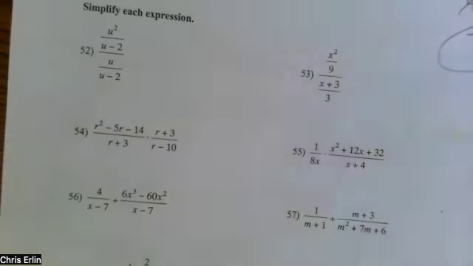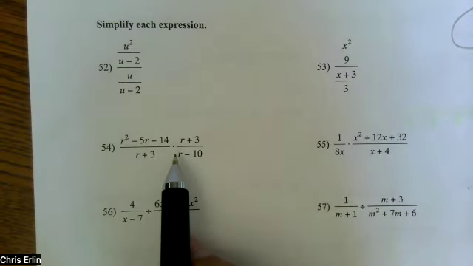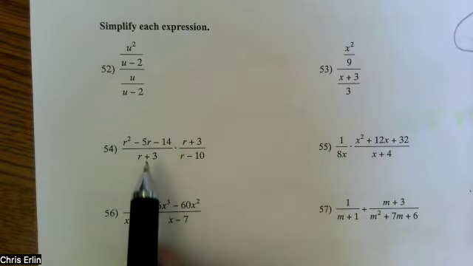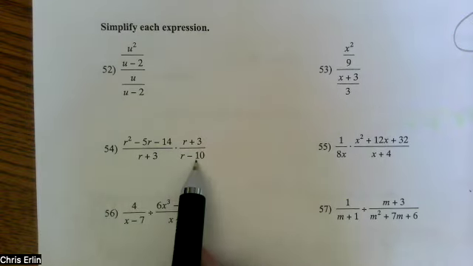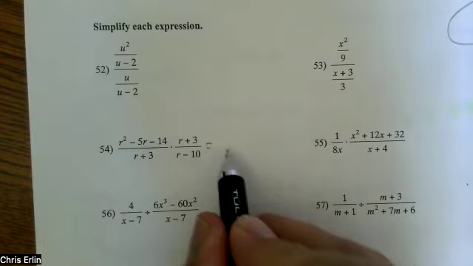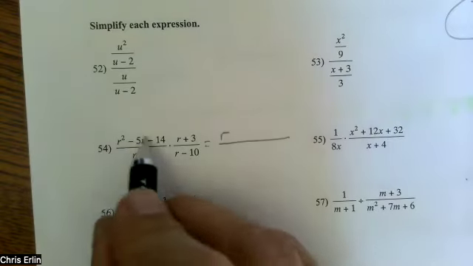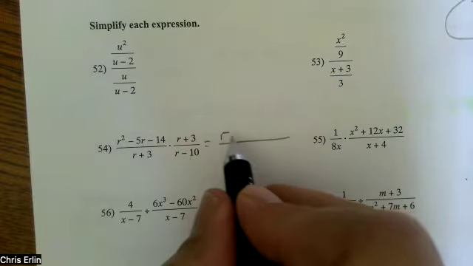Last piece is some work on fractions. How do you multiply fractions? Top, top, bottom, bottom, right? So I would just multiply these times these, and these times these, and see if anything cancels. In this case, I'd treat it as one big fraction. What should I do with this one? Factor it.